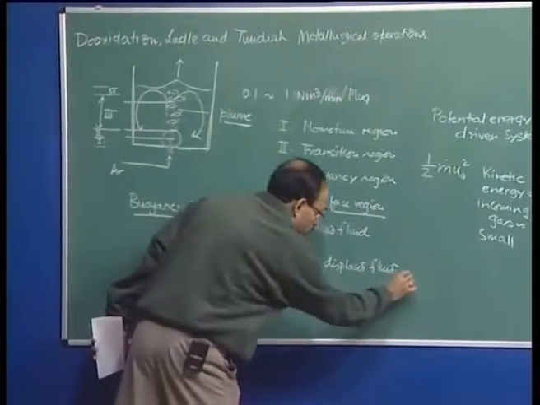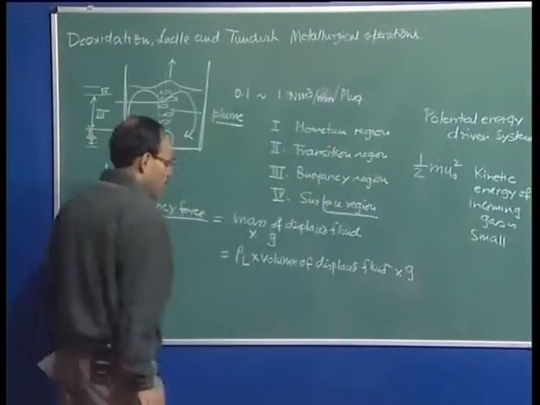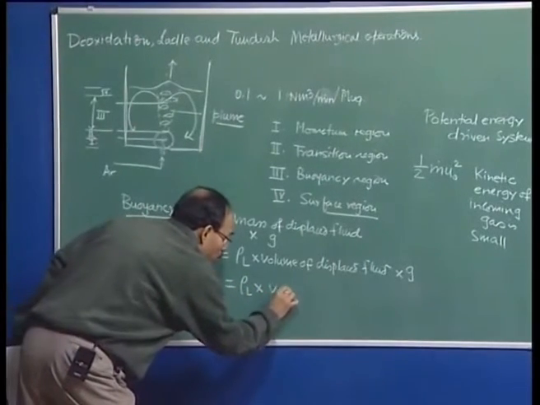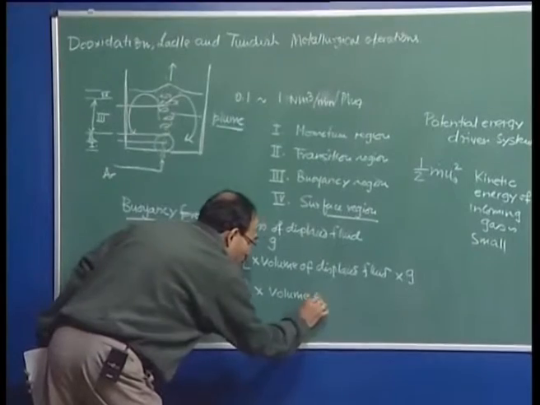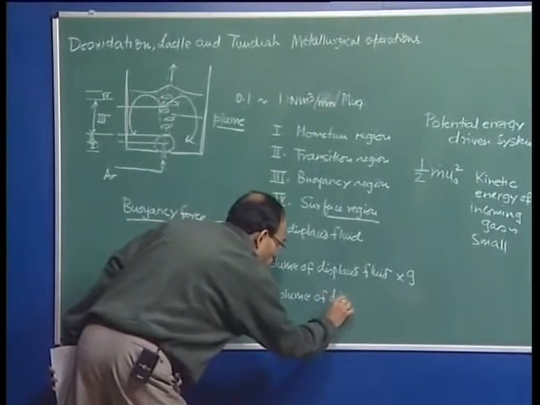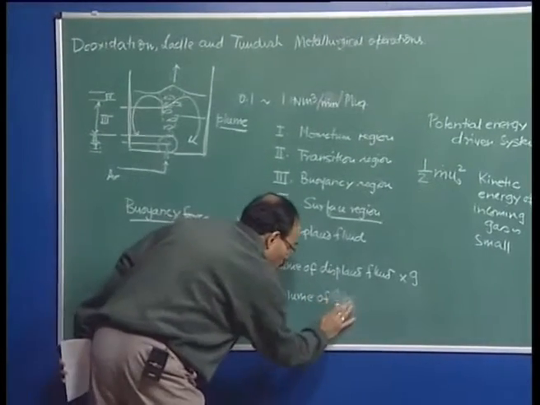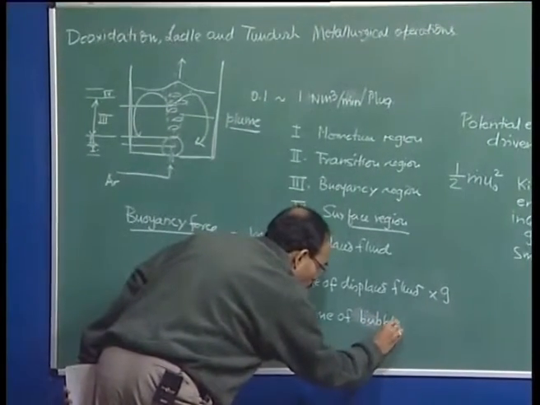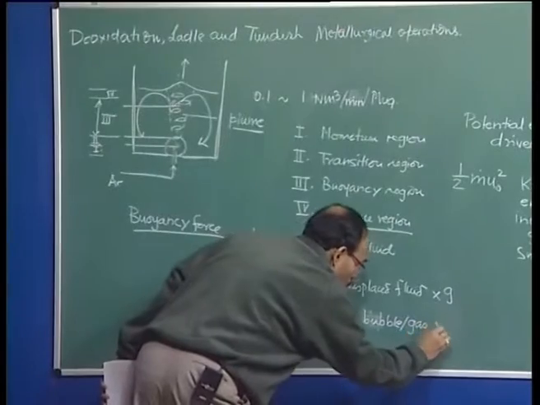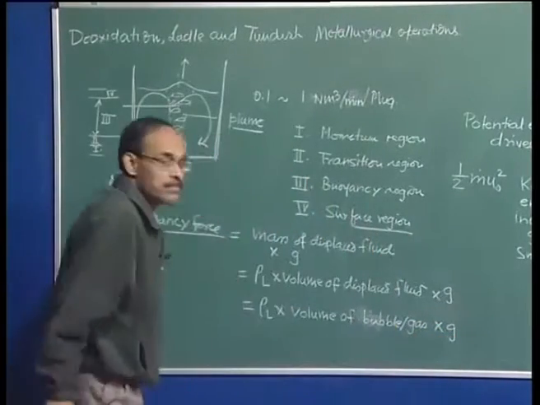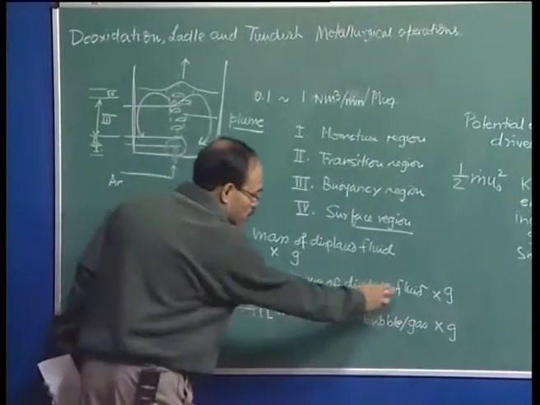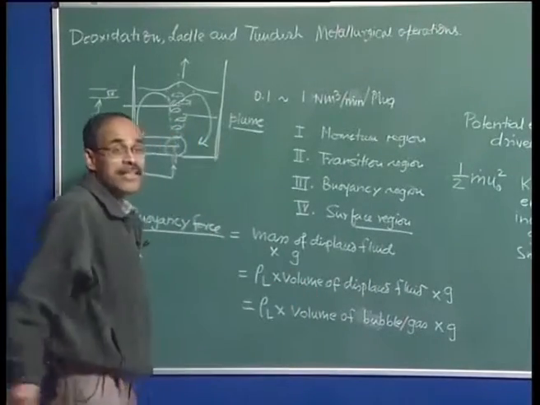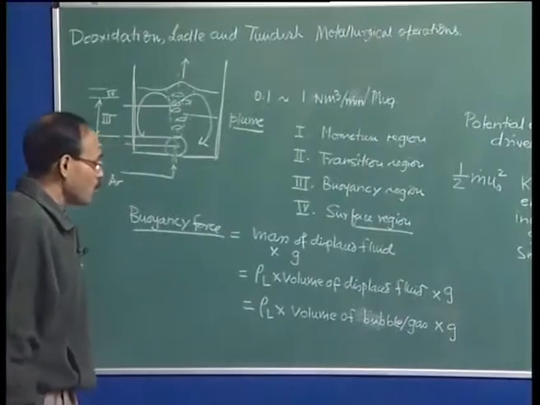And I can now say, by using continuity, that this is equal to the volume of displaced gas. So, whatever is the volume of the bubble or gas in that particular control volume, the volume of displaced fluid is exactly equal to the volume of bubble gas. This equality is termed the principle of volume continuity.